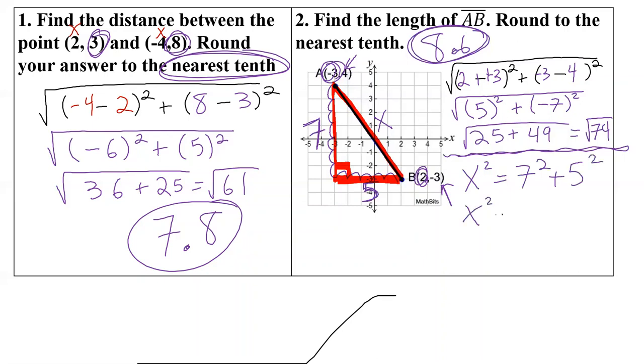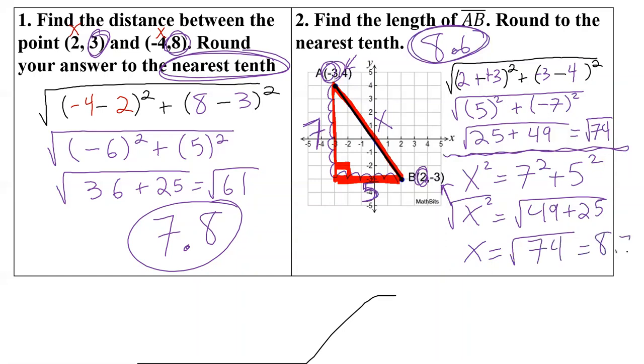So x squared equals 49 plus 25. Oops. And if I take the square root of both sides, x equals the square root of 74, which is still 8.6.